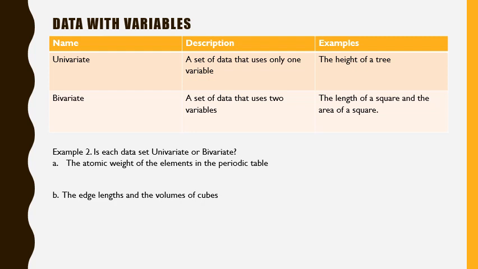So for these examples, example A says the atomic weight of the elements in the periodic table. Well, you're only comparing the weight, so that's going to be one variable. The edges of length and the volume of cubes, well, you're comparing two things here, so that's going to be two variables.